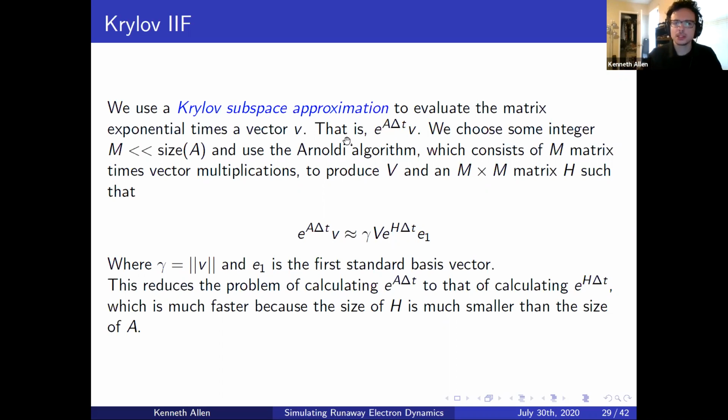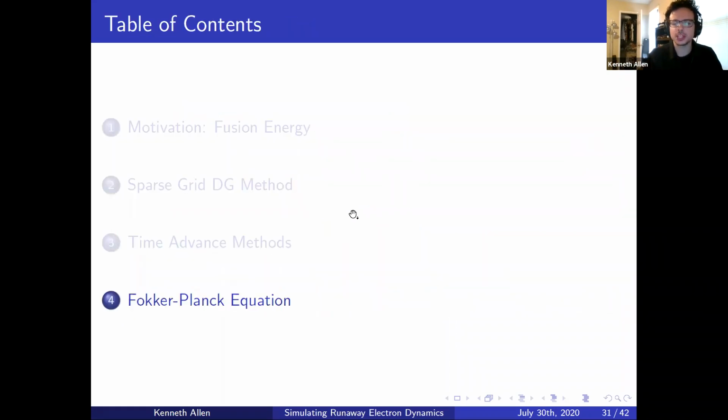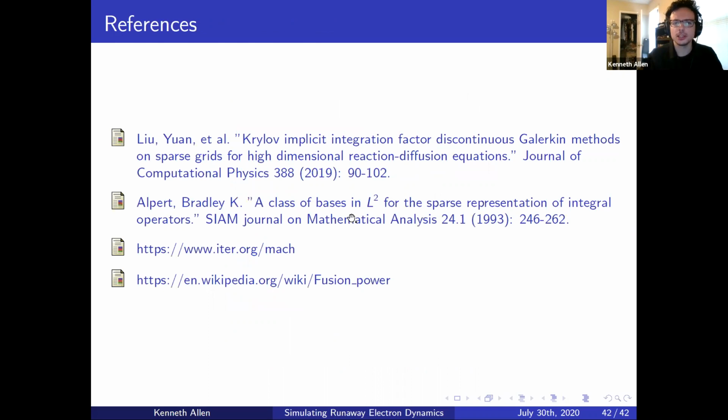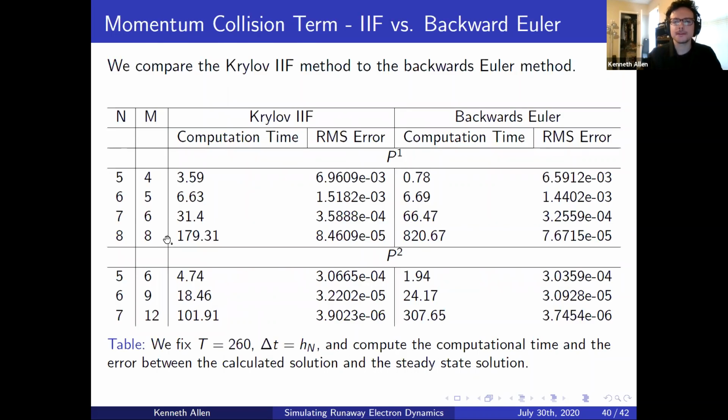What I did for calculating M in these examples was to just try different M's until we get an error on the same order as the backward Euler method, or close to it, or smaller than it.